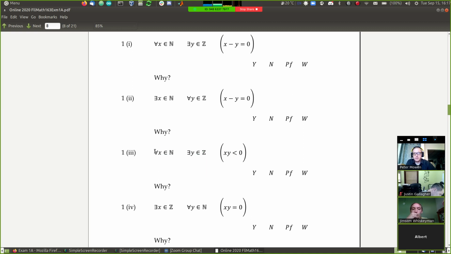So this would be a for every proof, because we're saying for every x. So if you wanted to prove that for every, you would have to provide a proof.